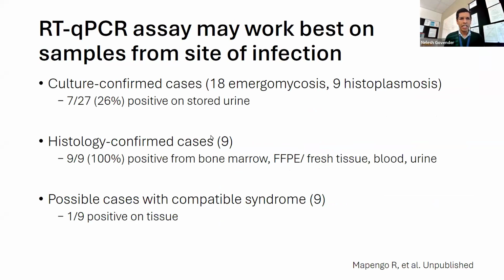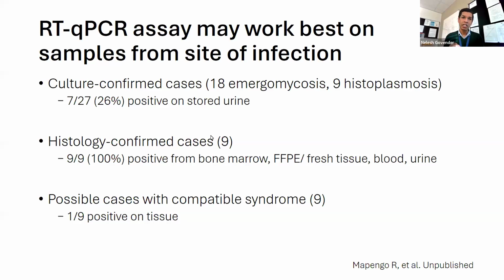Just from a diagnostic point of view, we think that these real-time qPCR assays may actually work best on samples close to the site of infection. The reason we say this is that we looked at about 27 culture-confirmed cases of emergomycosis and histoplasmosis.